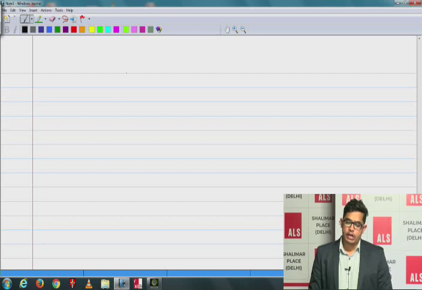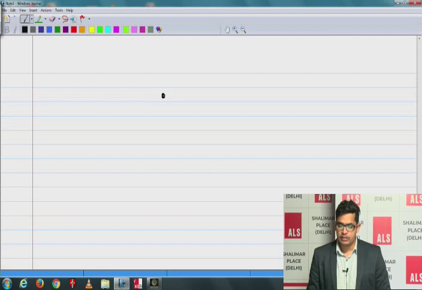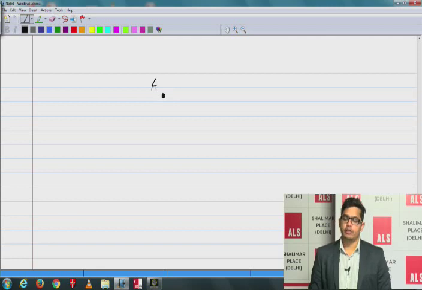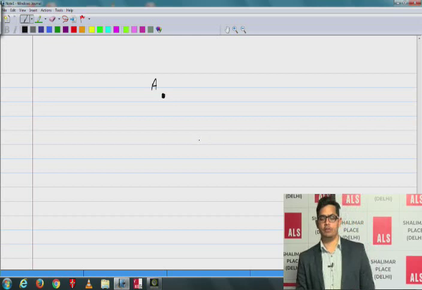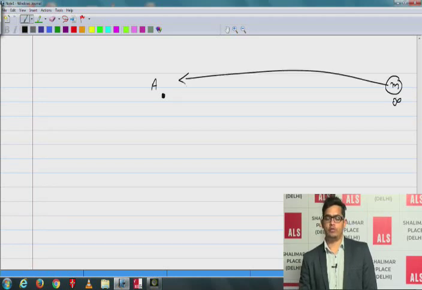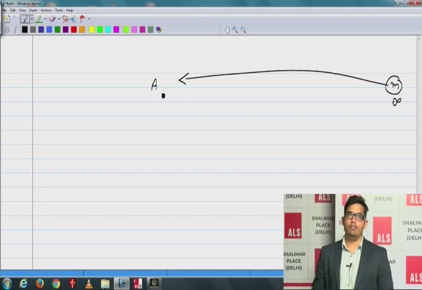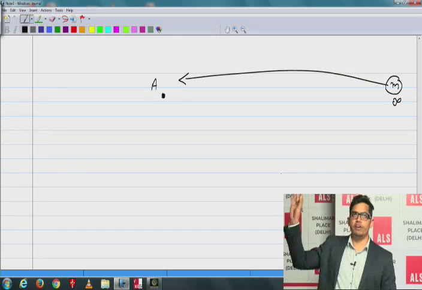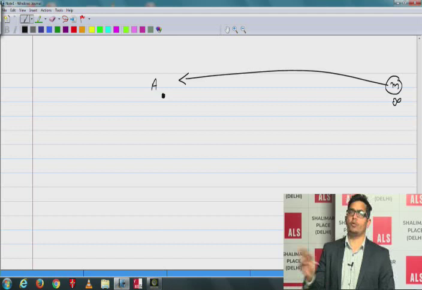That is why if you want to calculate the potential energy at point A, and nothing is given, what I will do is move a mass from infinity, from a really far away distance, to point A, and then calculate the work done.